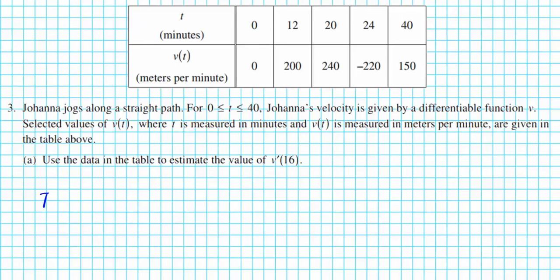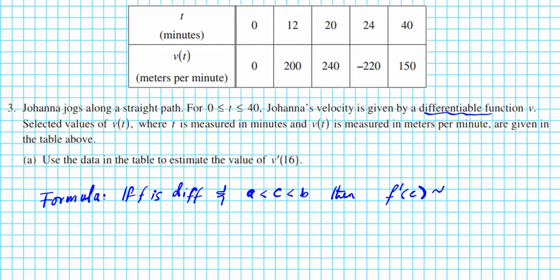Let's look at the formula real quick. If you have a differentiable function, so let's say f is differentiable, in this case v is a differentiable function as indicated here, and we have c in some interval between a and b, then f'(c) can be approximated using something called the secant line.